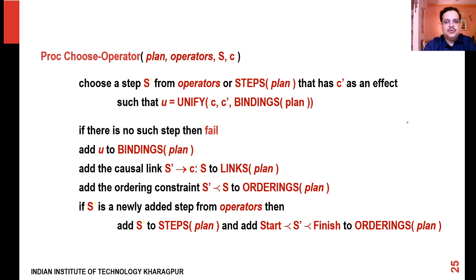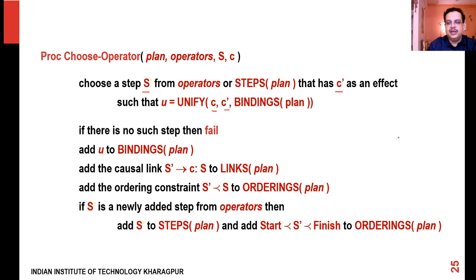Previously, when we said that we choose an operator which satisfies the subgoal, here what we want is that to have C dash as an effect, we need a step S from the set of operators such that if I unify C with C dash, that is, okay, let me draw something here that will make things clear.